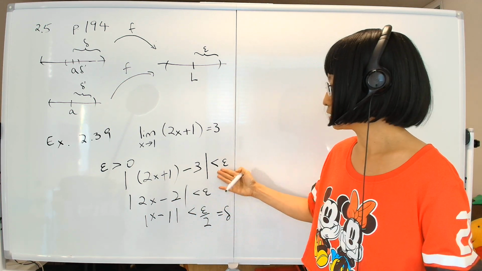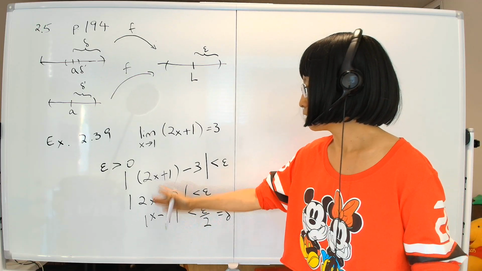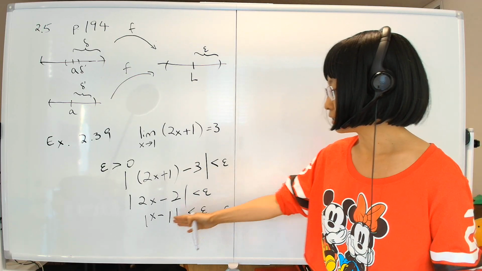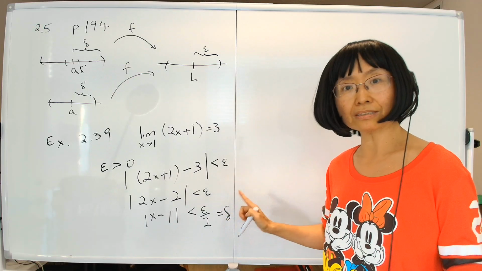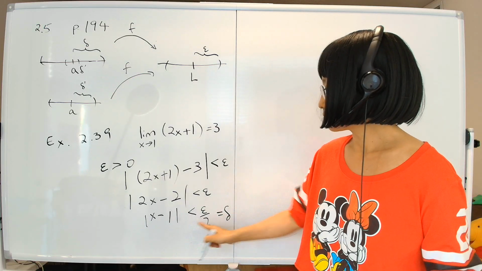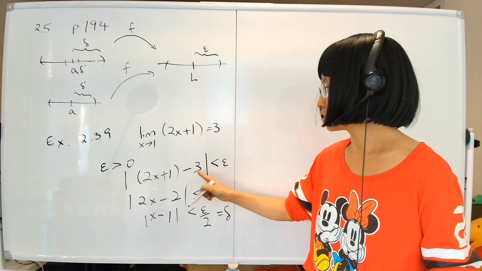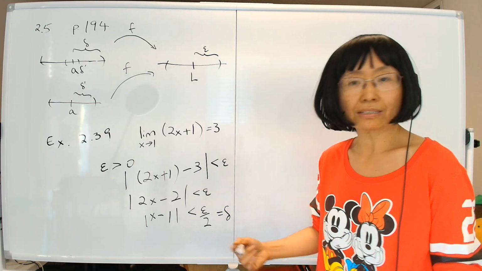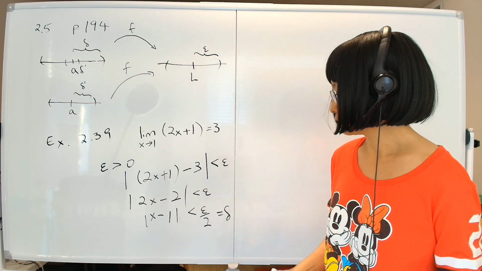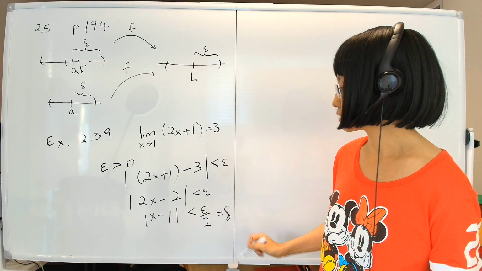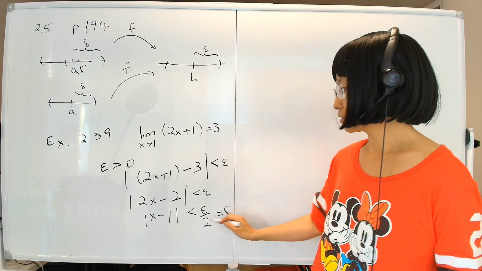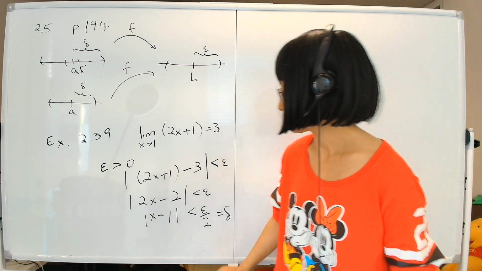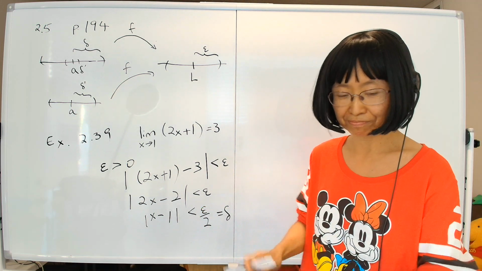They want you to figure out some x from the distance from 1 that has to be less than a certain delta, such that the function is within epsilon of 3. See? So if you set delta equal to epsilon over 2, it will work. So the answer is set delta equal to epsilon over 2, and then you're good. And that will be the solution.